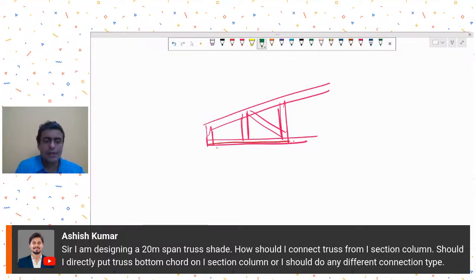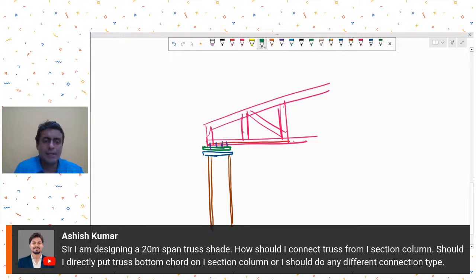So yes, you can directly put this. You can have a plate over here. This green plate is attached to the bottom chord, and then you have provided stiffeners also, let's say. Then you can have another plate, and this plate is connected to the column below.